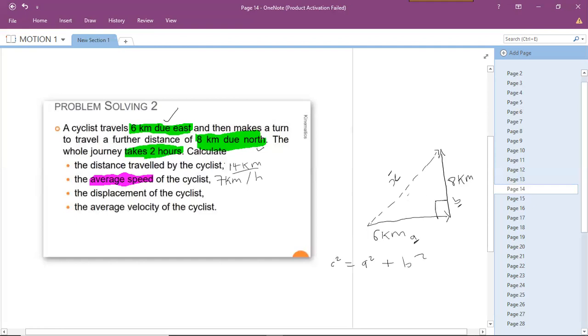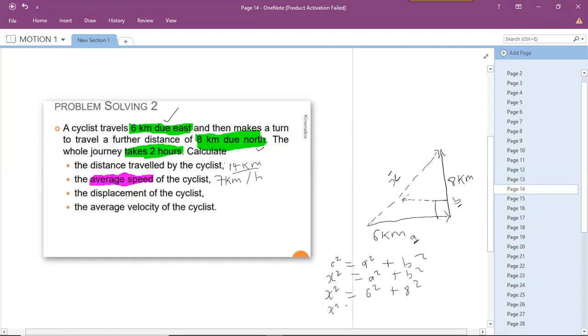How do I find my hypotenuse? I go to the edge of that angle and I go like so. So this arrowhead there is pointing to the resultant. So I'll say x squared is equal to the two adjacent sides, a squared plus b squared, because that's what we named them. Then we substitute: x squared is equal to 6 squared plus 8 squared.